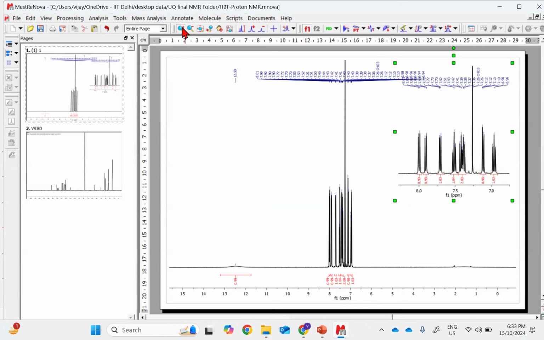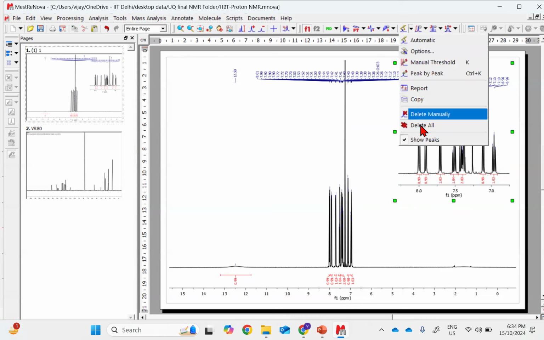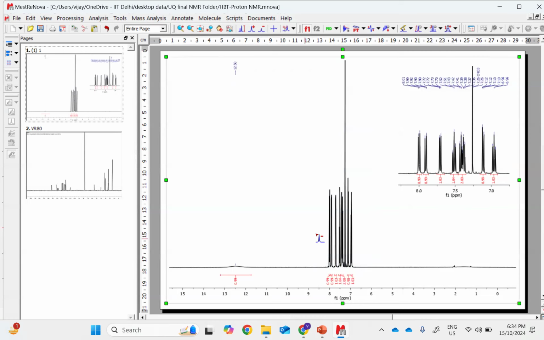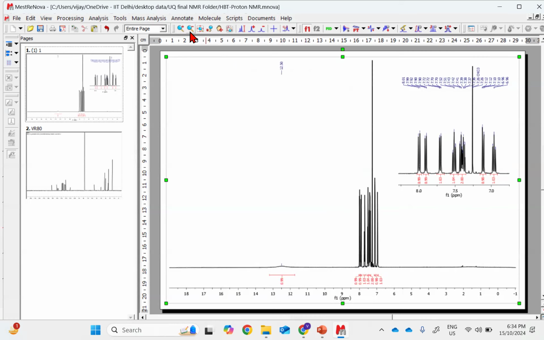Also delete the peak from this region because peaks are already present here, so I will select here and delete manually.